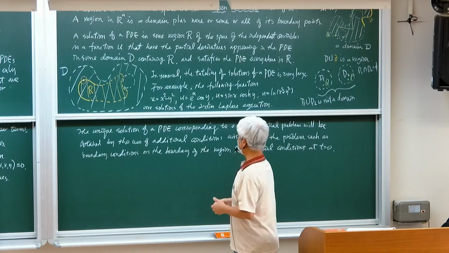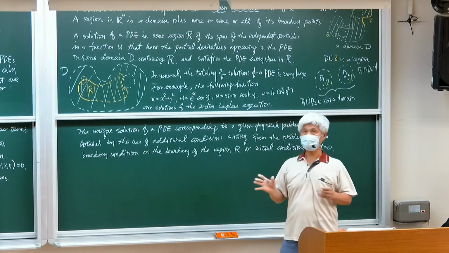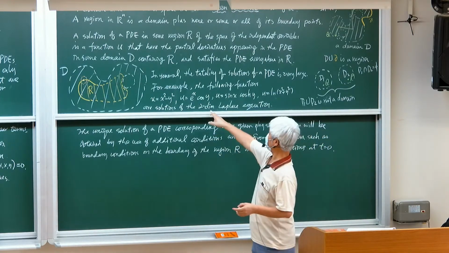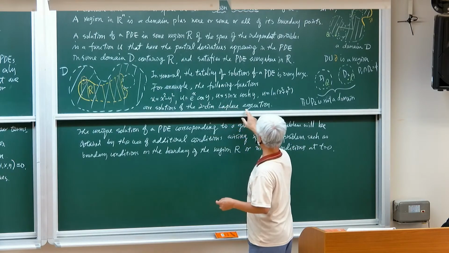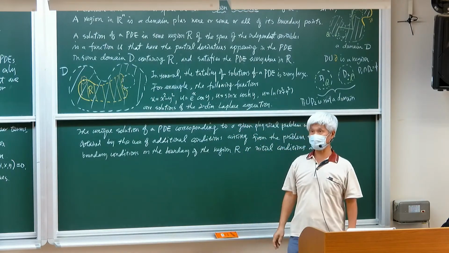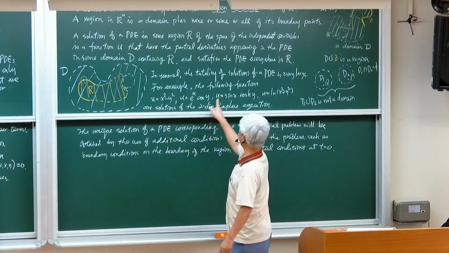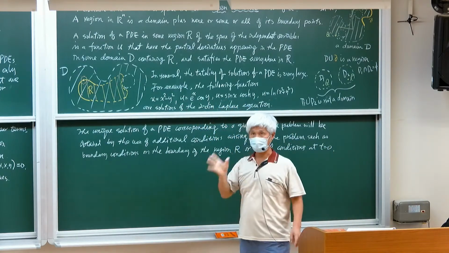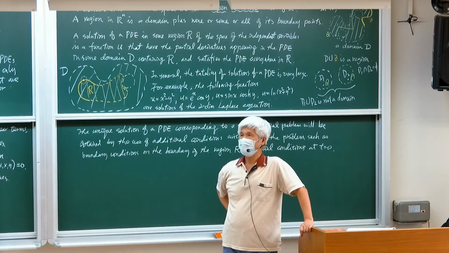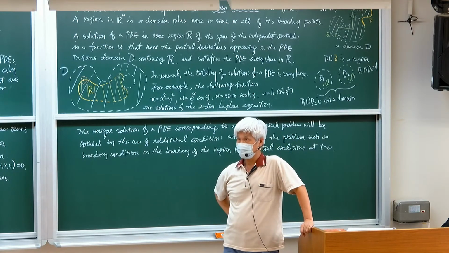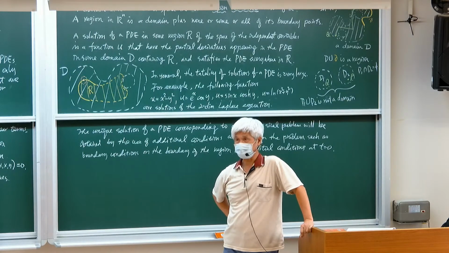But if you are talking about general solutions, for example, if you want to find the general solution of the Laplace equation, that would be a big subject. You see these four kinds of functions are possible solutions of the Laplace equation, so how can you describe the general solution? That is a big problem.